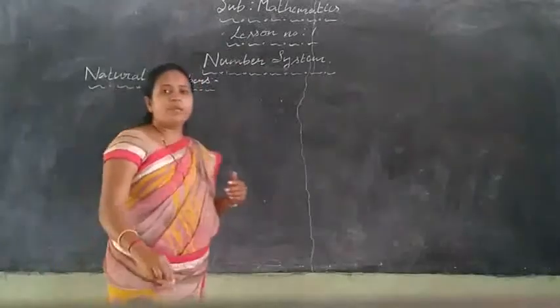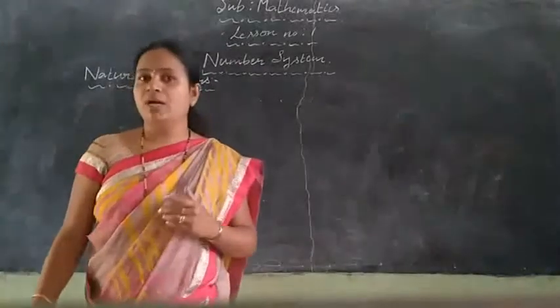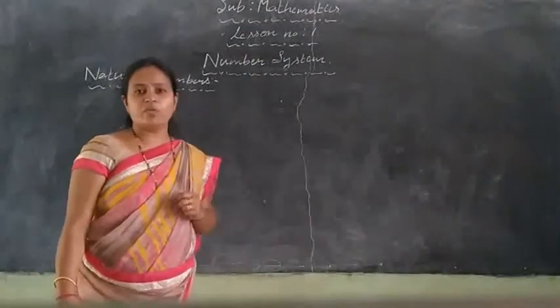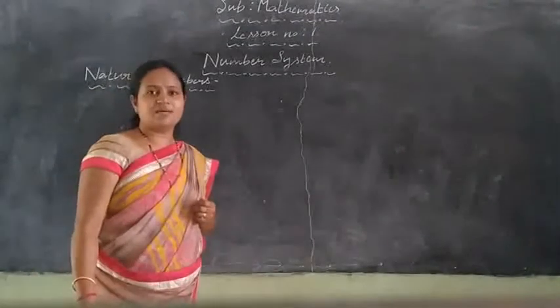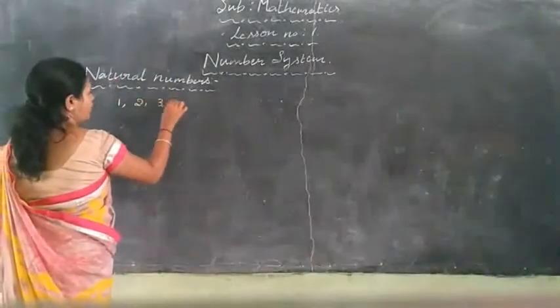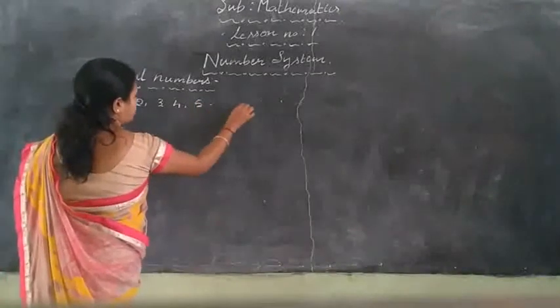What do you mean by natural numbers, children? I think you are studying 5th and 6th, isn't it? Now tell me what do you mean by natural numbers? Yes, the counting numbers 1, 2, 3, 4, 5. It goes on like this.